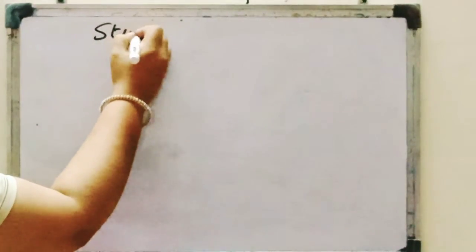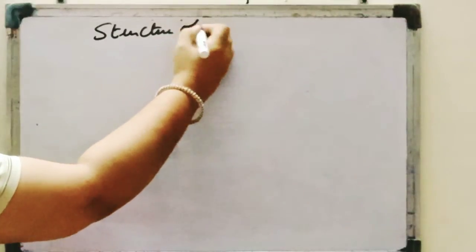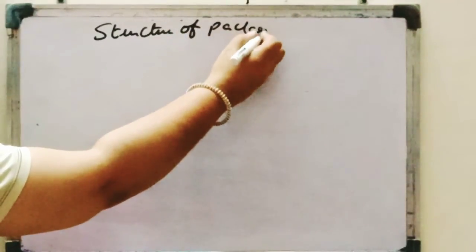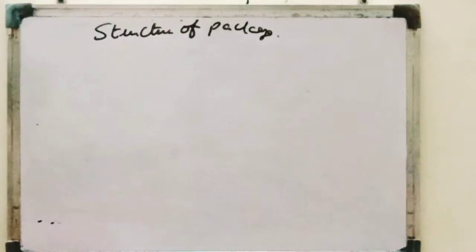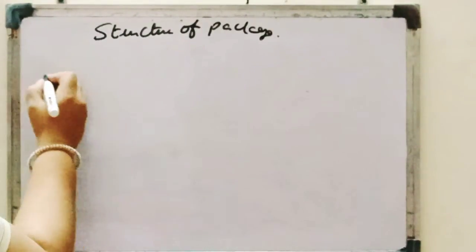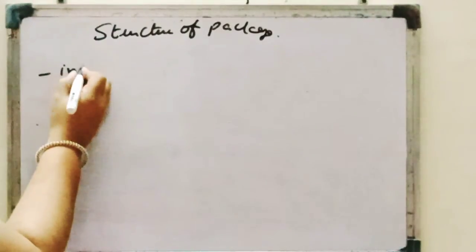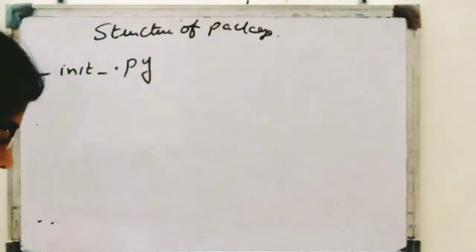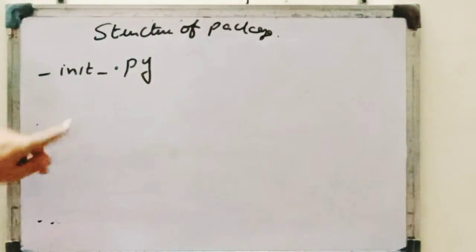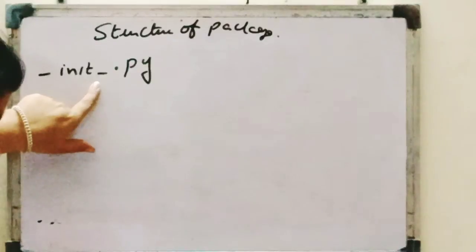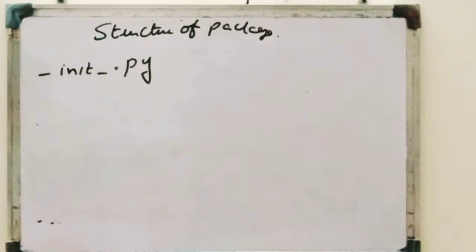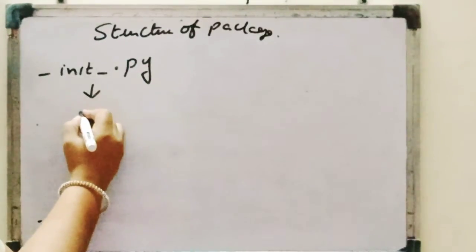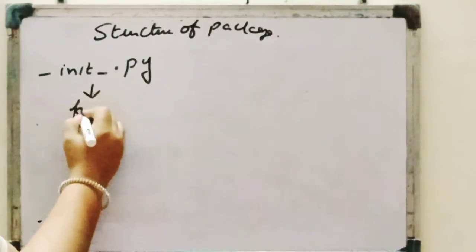What is the structure of a package? In the structure we have, very firstly, an empty file known as __init__.py. This file is in a folder.